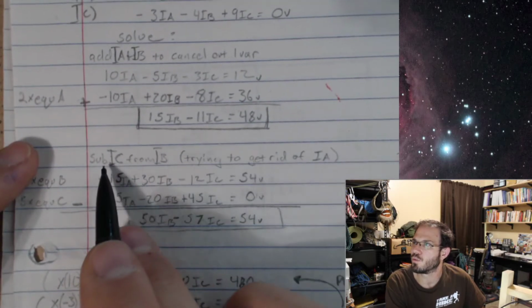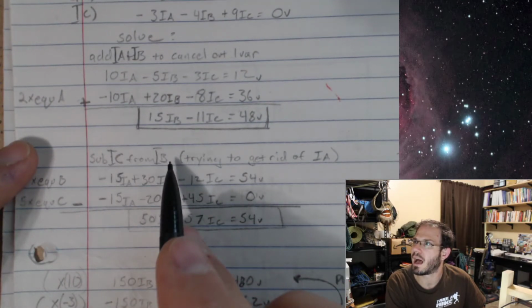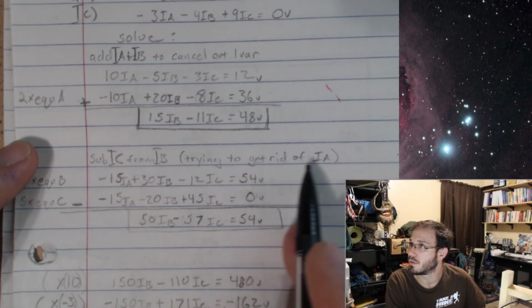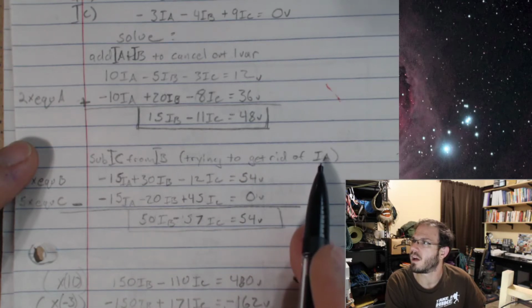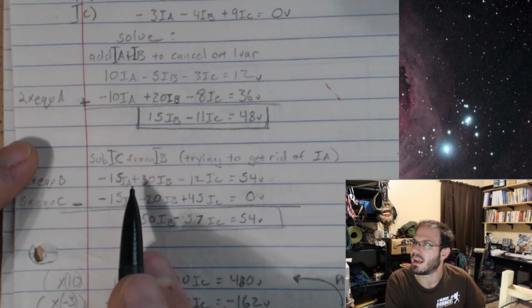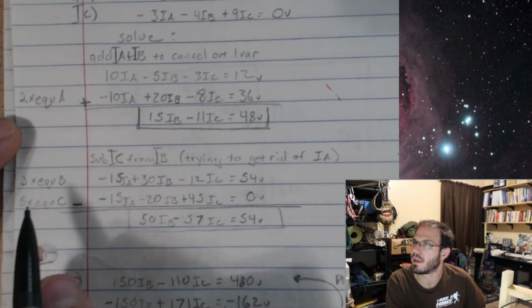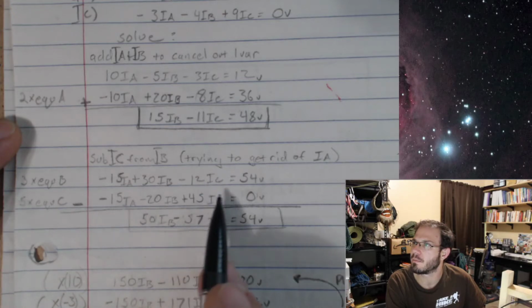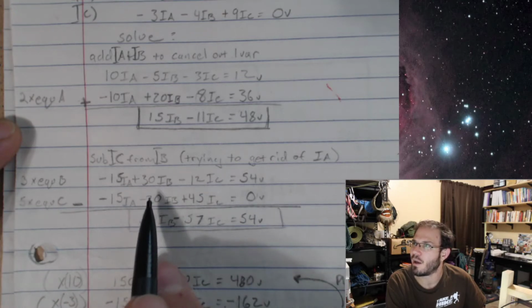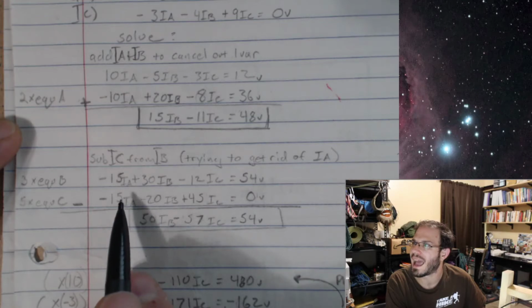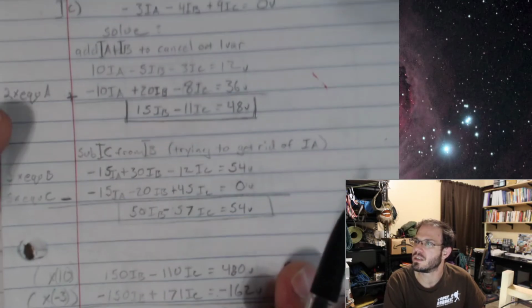I then subtract IC from IB to try to get rid of IA. And then I end up with, if I multiply my B equation by 3 and multiply my C equation by 5, I can get rid of my IA in my second two equations.